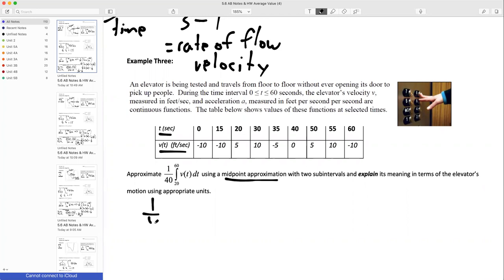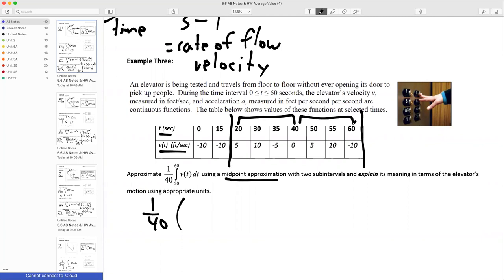So I've got 1/40, and then I'm going to do a midpoint approximation. So be careful here, because where does it start? 20. It starts at 20 and it goes to 60. And I am using 2 subintervals. So the first subinterval goes from 20 to 40.